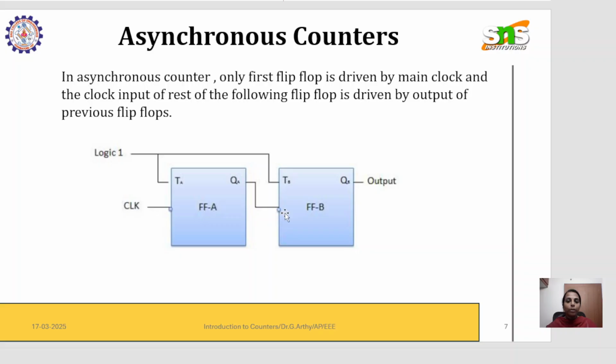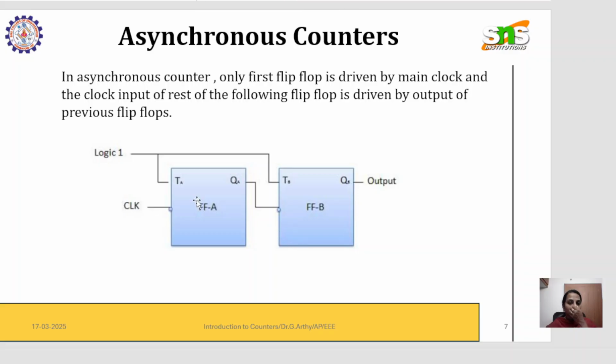Once we use flip-flops, they work based on a clock. Here the clock is given to the first flip-flop only. The second flip-flop also needs a clock, but the general clock is not given. See how the clock is given: the output of the first flip-flop is given as a clock to the second flip-flop.